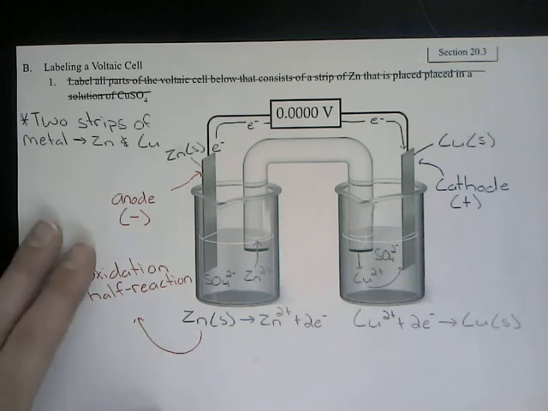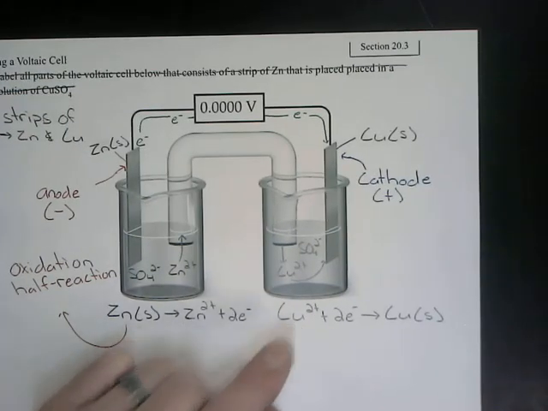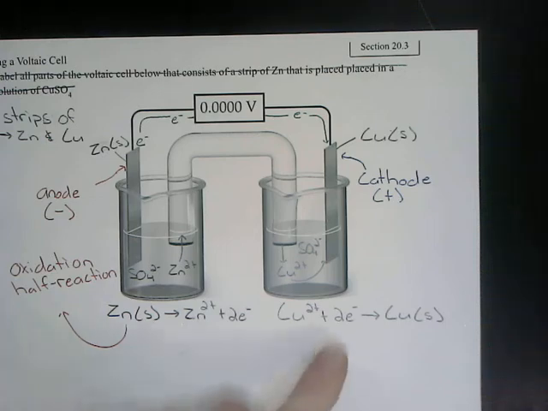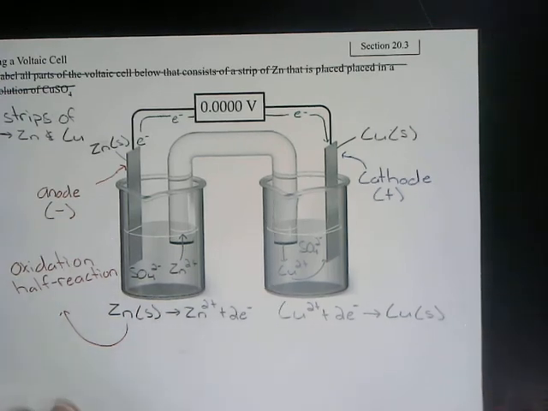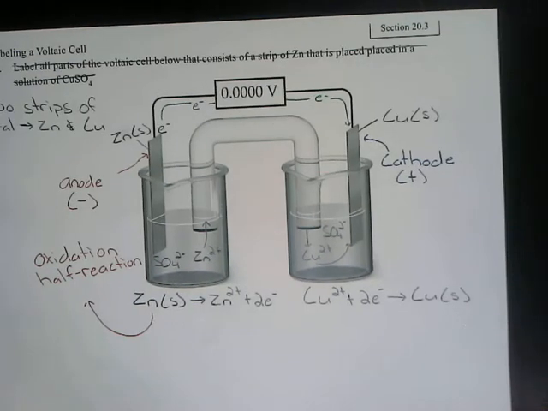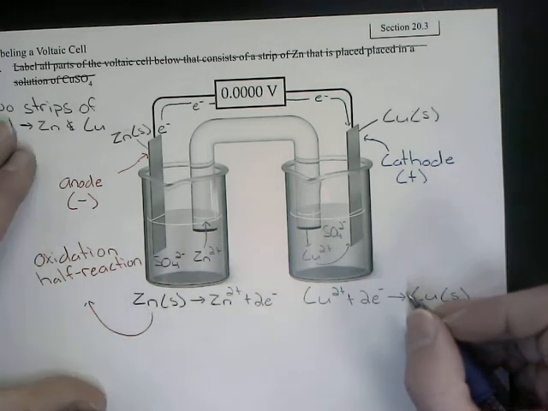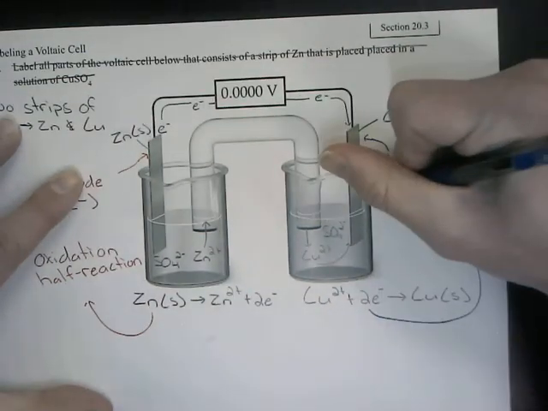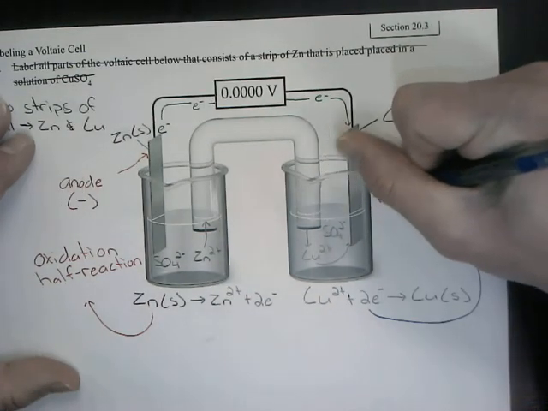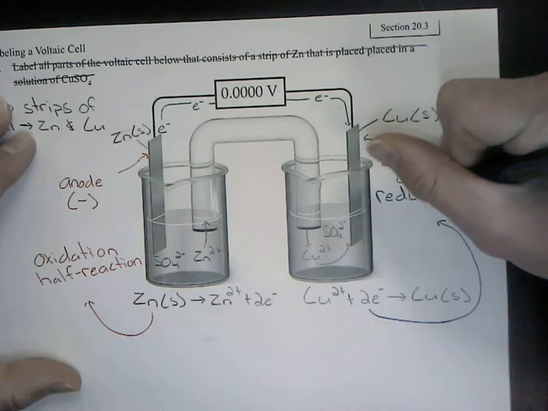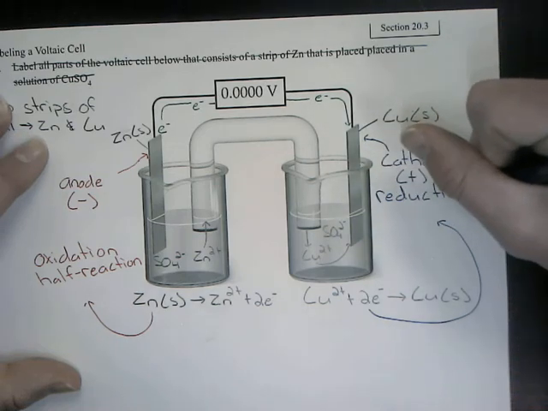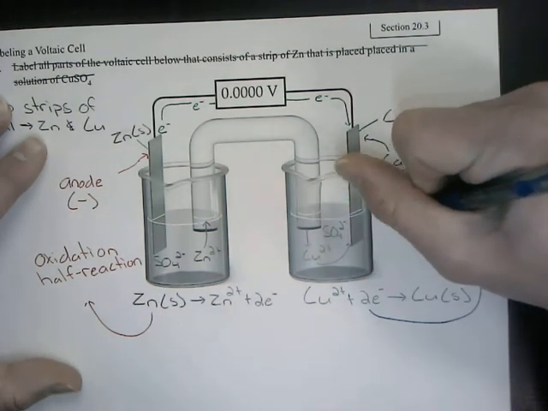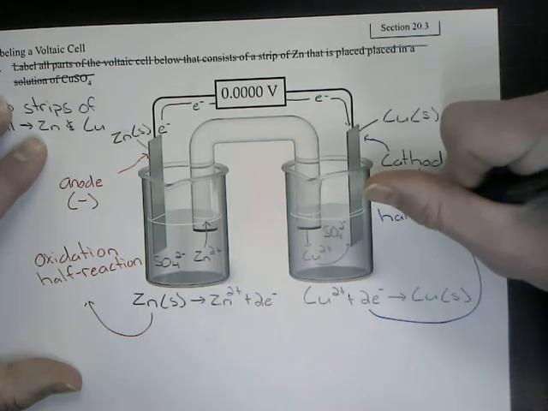So in other words, this copper 2+ is gaining electrons. That's why we see the addition of those particular electrons. So I want to add this here, that this right here is the reduction half reaction.